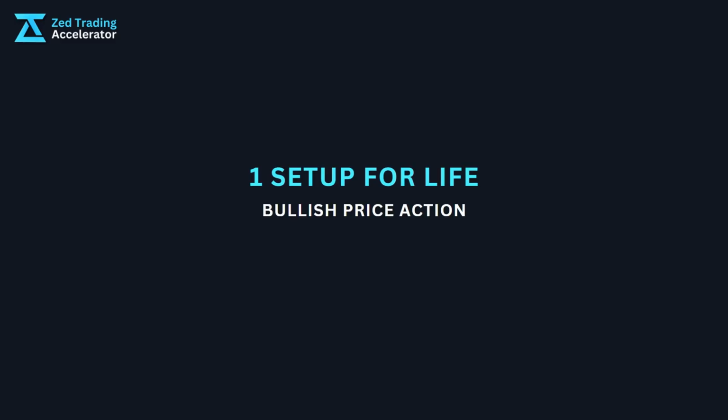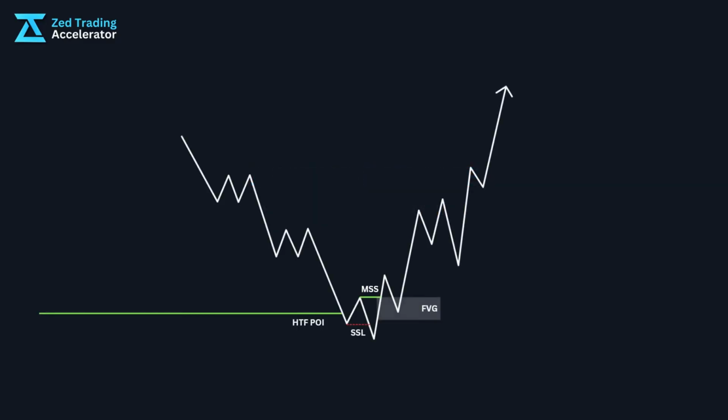Alright, so first I will show you our one setup for life for bullish price action. This is exactly how we look for a trade for bullish price action. This is very similar to the New York Open reversal, but this time this model is fractal.